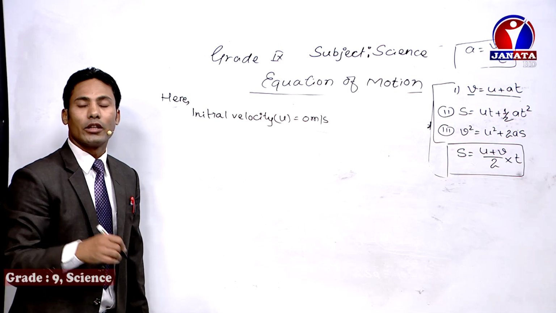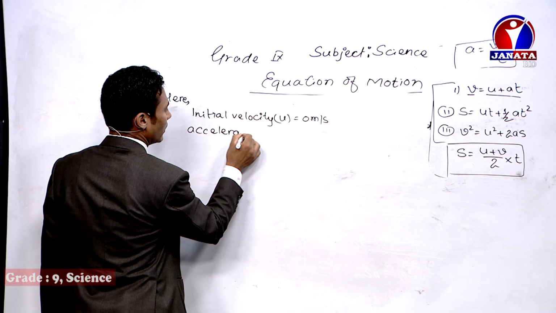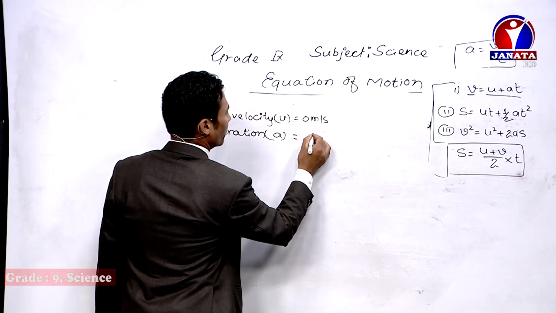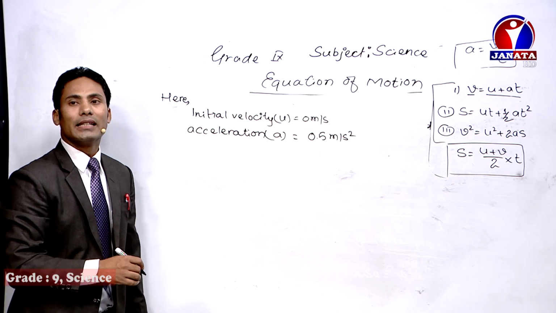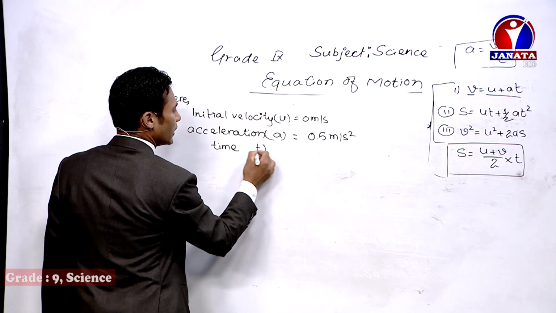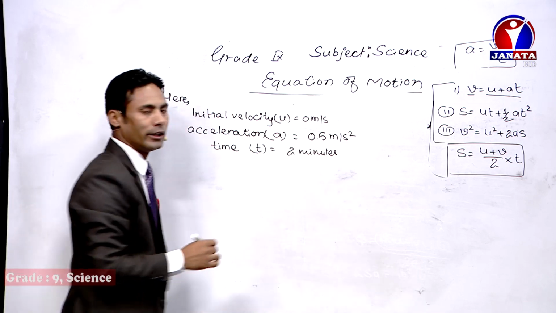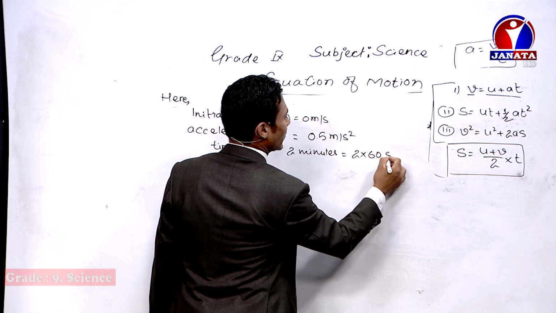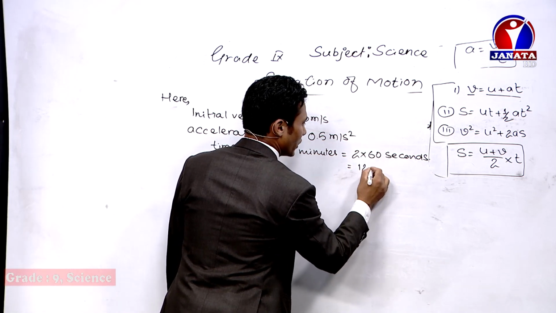The acceleration is given, so let's write it down. The symbol is A, given as 0.5 meter per second square, and this is also in the SI system of units. Then the time interval is given. Time T equals 2 minutes, but it is not in the SI system of units. So let's change this into the SI system: that is 2 into 60 seconds, which is 120 seconds.